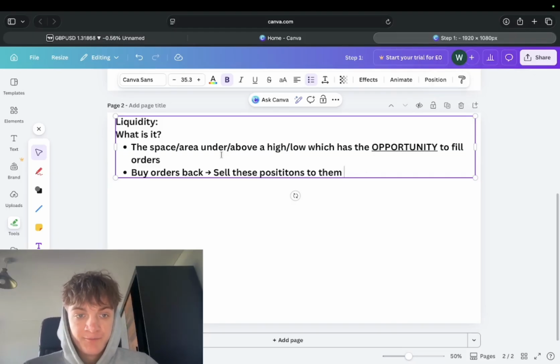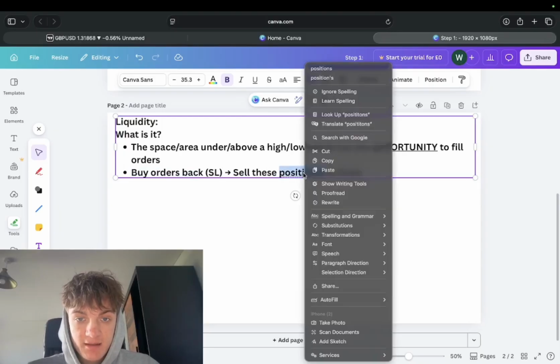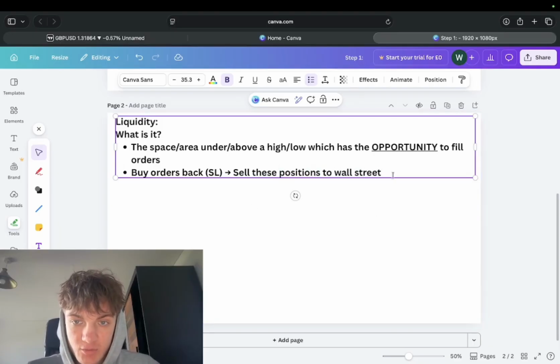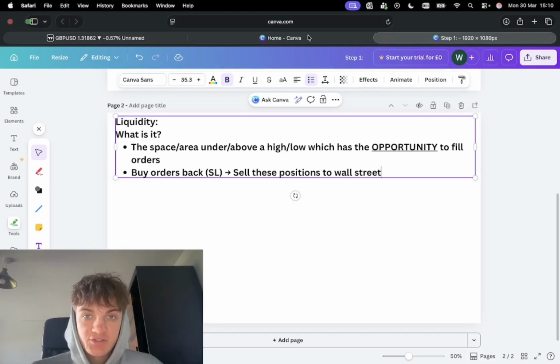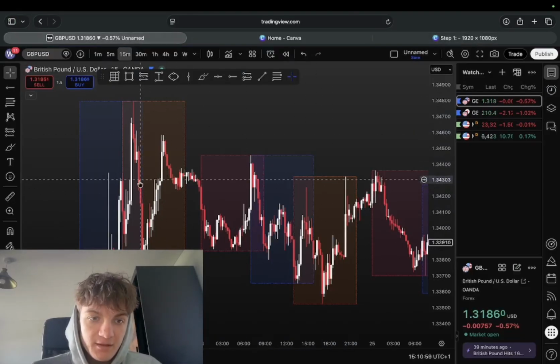So the people are forced to buy orders back, which is their stop loss getting hit, and then they sell these positions to Wall Street, let's say, because everyone knows Wall Street is rich. As you saw here, the people sell here, they get stopped out.